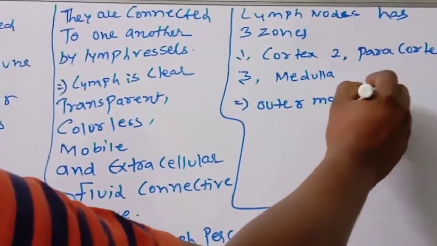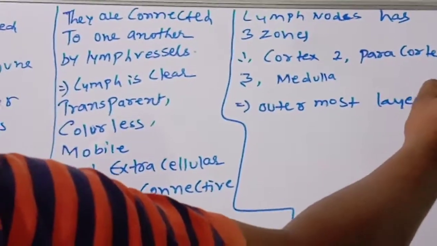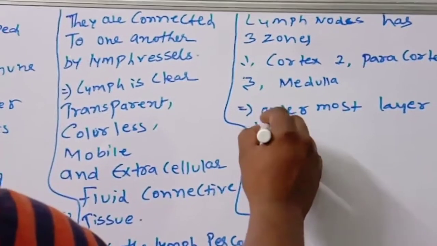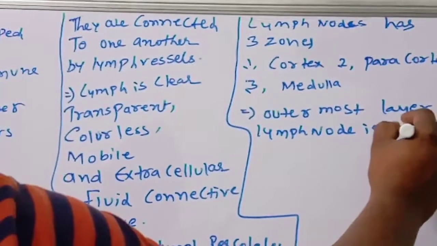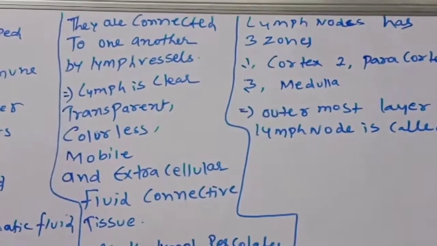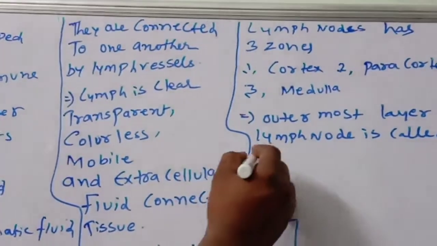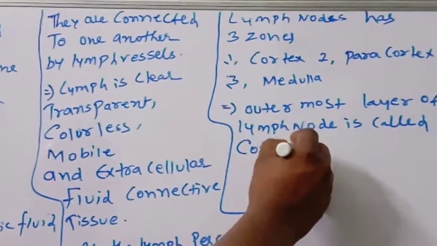The outermost layer of the lymph node is called the cortex.